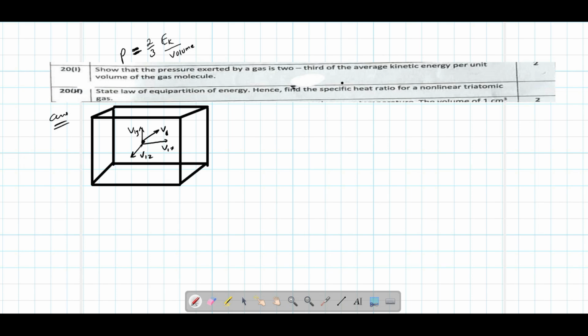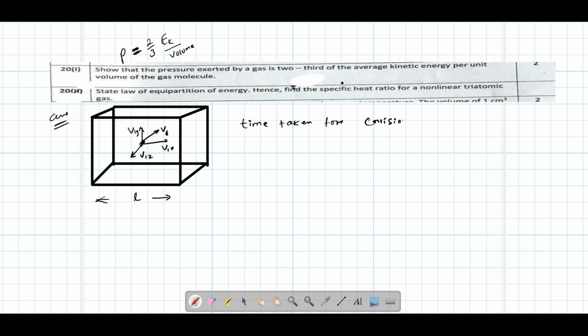Pressure exerted by gas is 2/3 of the average kinetic energy per unit volume. So this length is L. This is V1x, V1y, this is V1z. So the time taken for the collision: time taken for collision, T, equals how much?